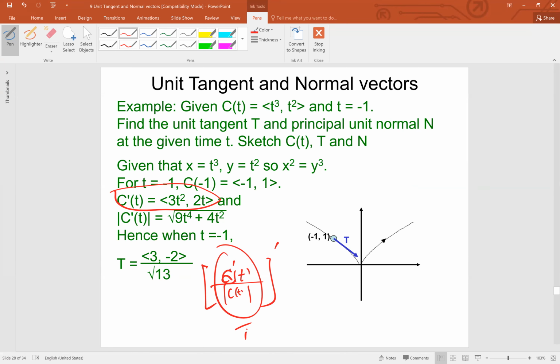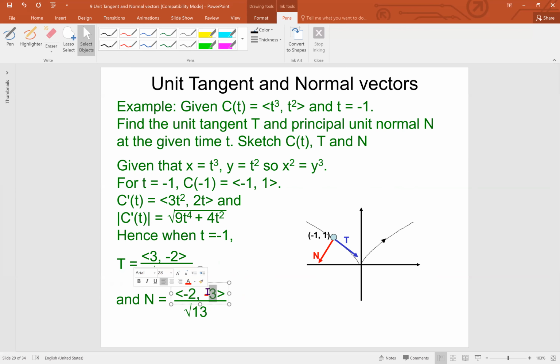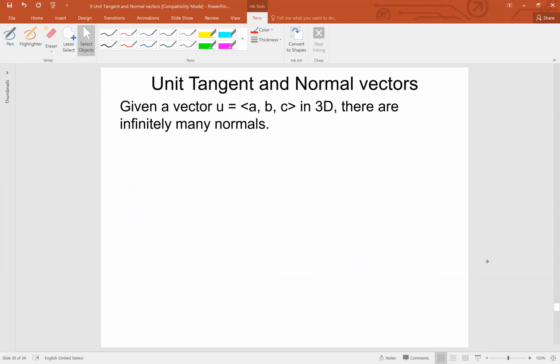It's kind of complicated, but on the picture, I know exactly what that unit normal has to be. It has to be pointing where the curve is turning, and the length is 1. To get the coordinates, I just switch the coordinates of the tangent and divide by the length. That will be the unit normal, bypassing all those calculations, taking the second derivative and stuff like that.